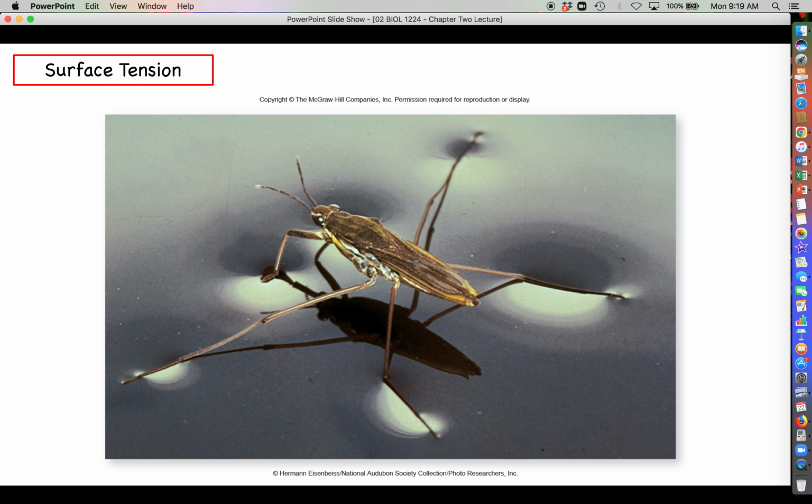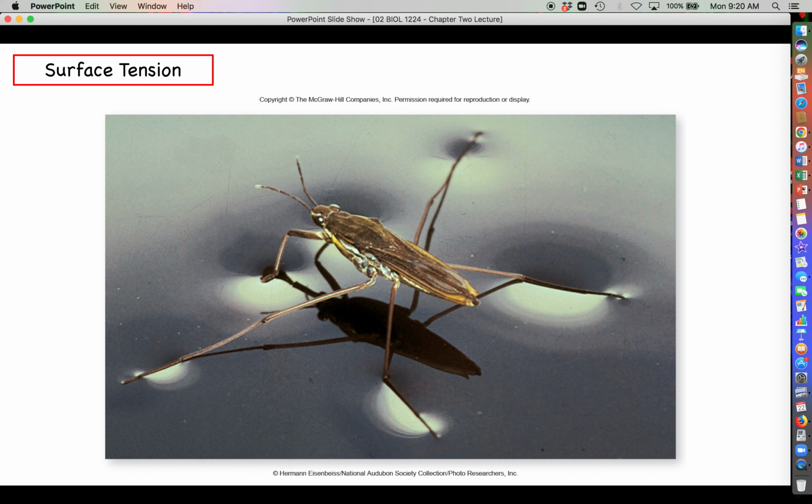So for the surface tension of water, you can see that this little pond skimmer here, a very lightweight insect, is able to stand on the water without sinking to the bottom or even really exposing itself to the water at all. You can see that the pond skimmer's legs make indentations in the water, but the surface of water is not broken because the amount of force the pond skimmer is placing on the surface of the water is not sufficient to break the hydrogen bonding at the water's surface.